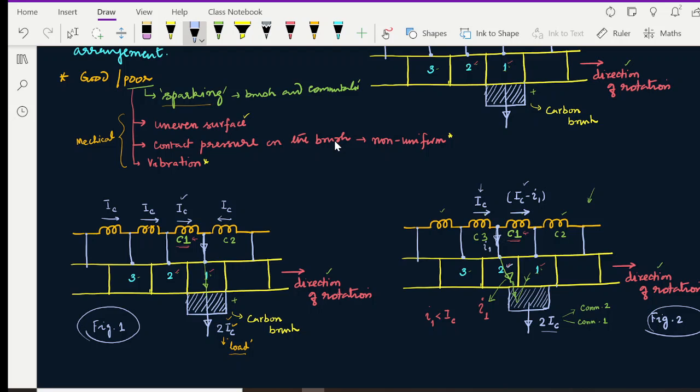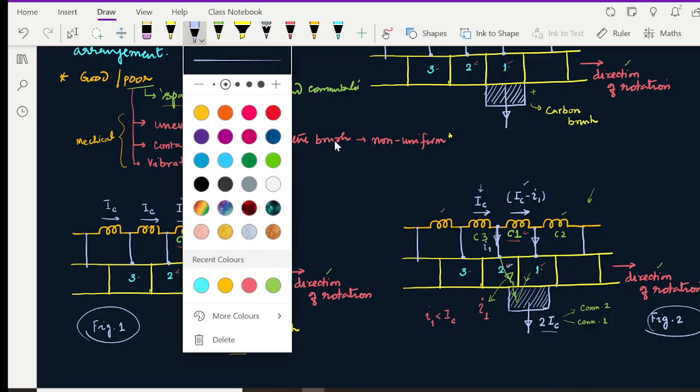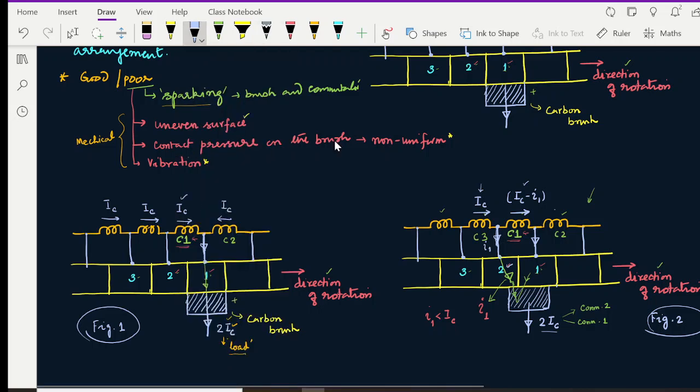Then there is a reduction in the current from coil C1. So now we have to look at this branch. Please remember coil 2 current is still IC in this direction.